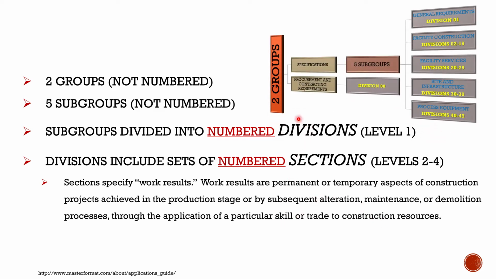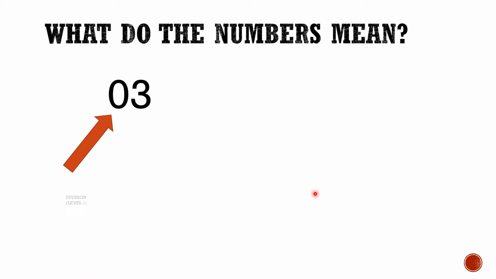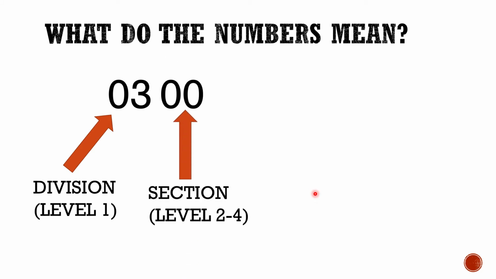So what do the numbers mean? The 03 is a division, level 1. The next set of numbers is a section, level 2.